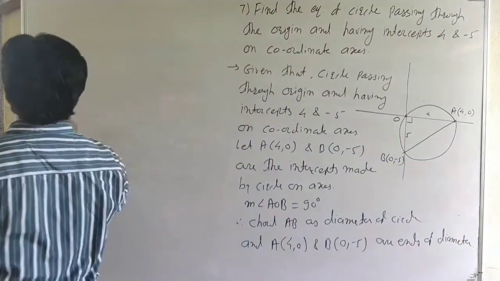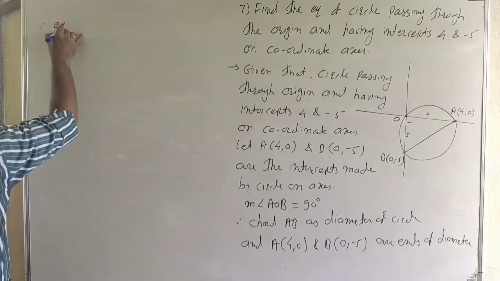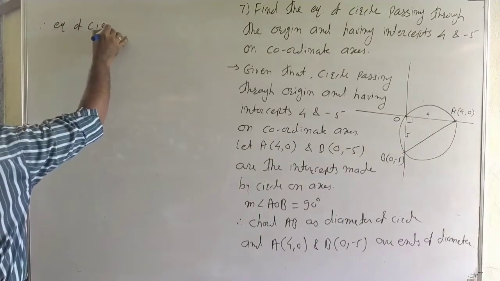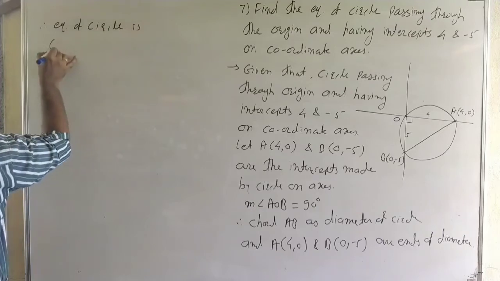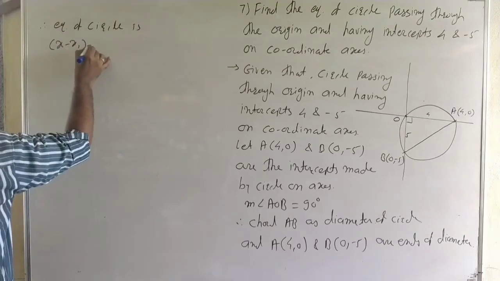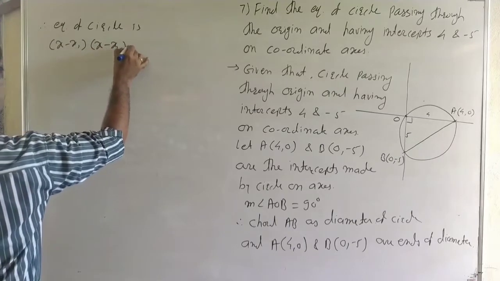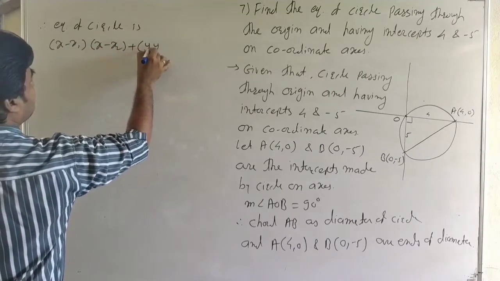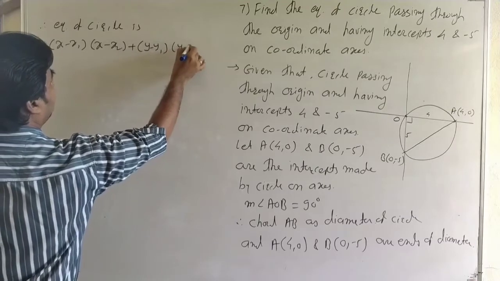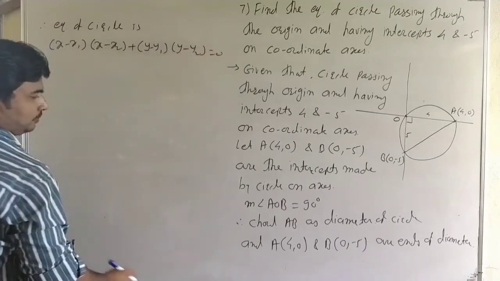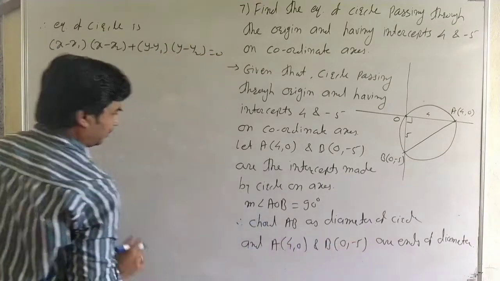Therefore, the equation of circle is (x minus x1)(x minus x2) plus (y minus y1)(y minus y2) is equal to 0, where the ends are (x1, y1) and (x2, y2).